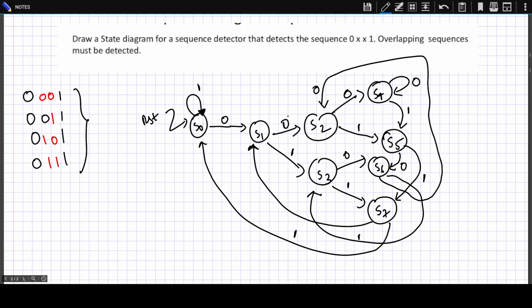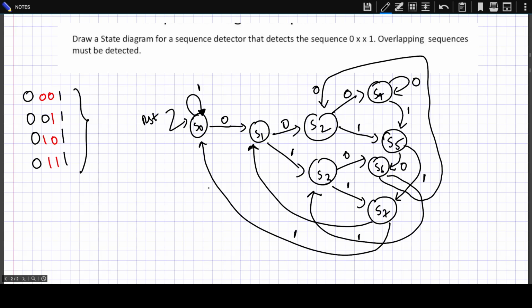Now I have done both 1 and 0. For every state you need to check what will happen if you get a 0 and what will happen if you get a 1. For states S0, S1, S2, S4, S5, S6 and S7, those are defined.